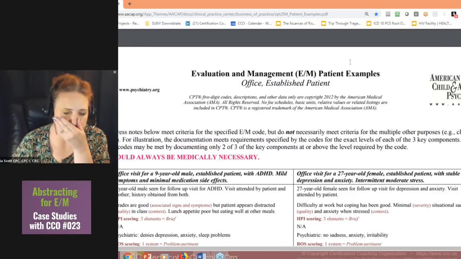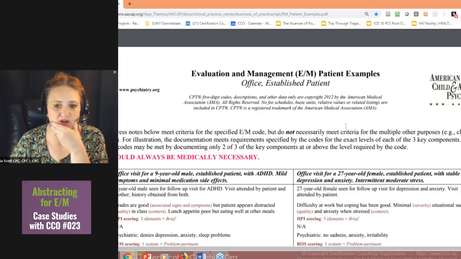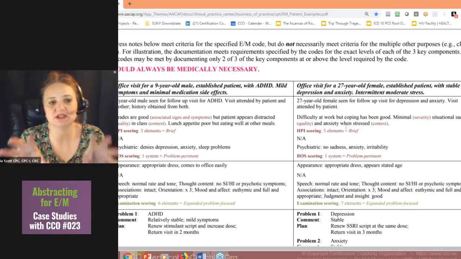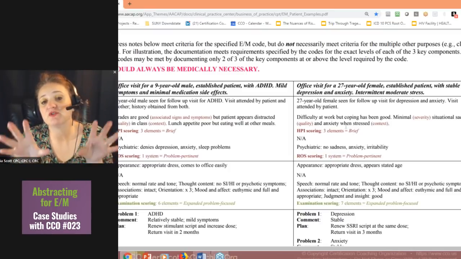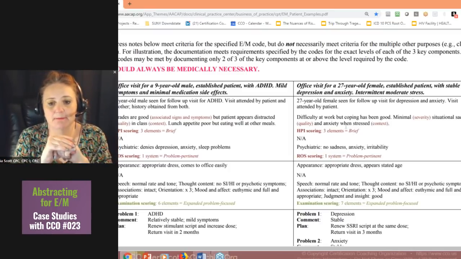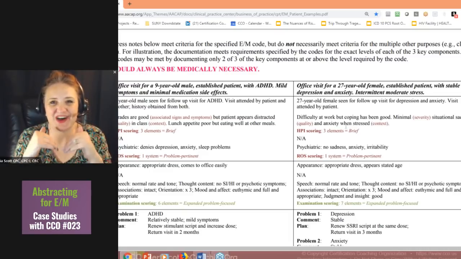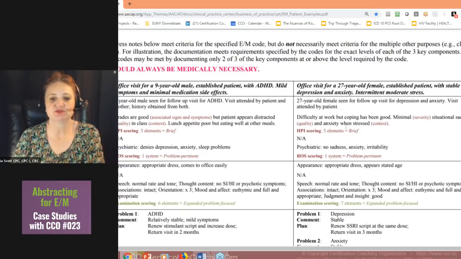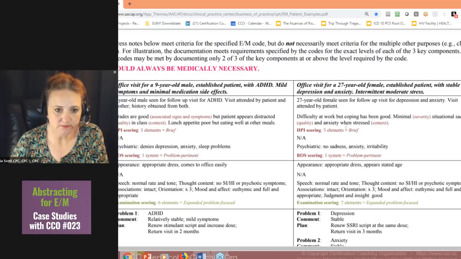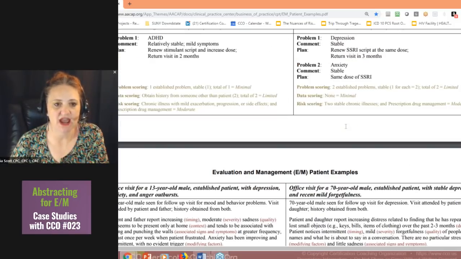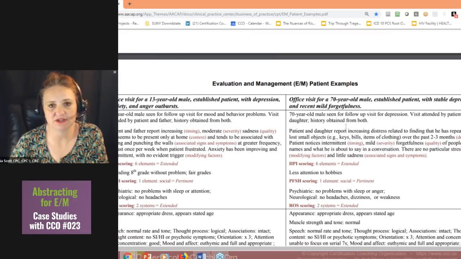Okay, let's kind of look at some of this stuff. I want to give you some more examples, because this is a teaching tool for providers, and there's more than one practice on here, and I like the way they divided it up. So let's abstract from this. So that was the first case. Now the examples of 99213.